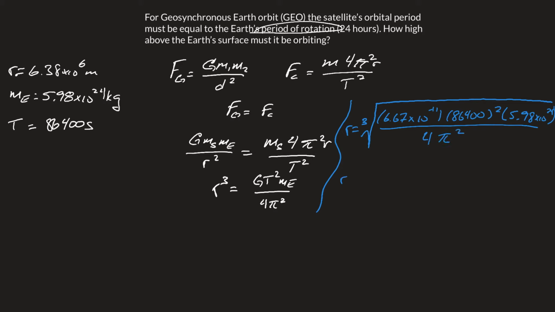After working through some of that in your calculator, you should end up with 4.22 times 10 to the 7 meters. That number again is the distance from the center of the Earth to where it's orbiting.